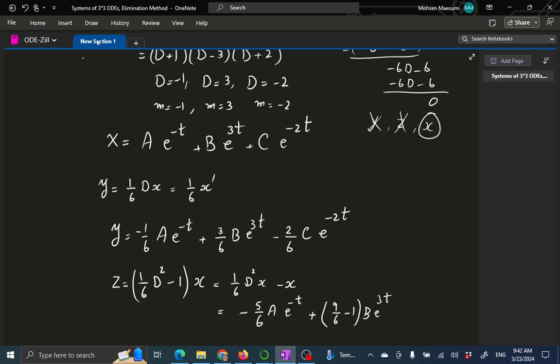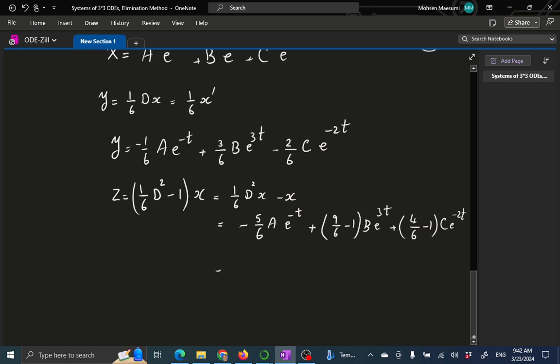And then finally, we have the second derivative of this. That's minus 2 times minus 2, that's a 4. I have to divide it by 6, then minus 1, then my function, c exponential of minus 2t.